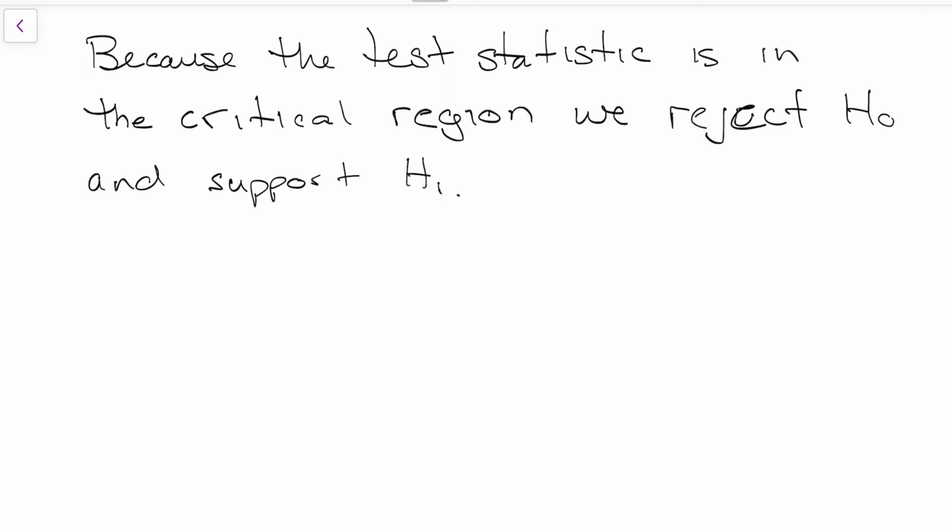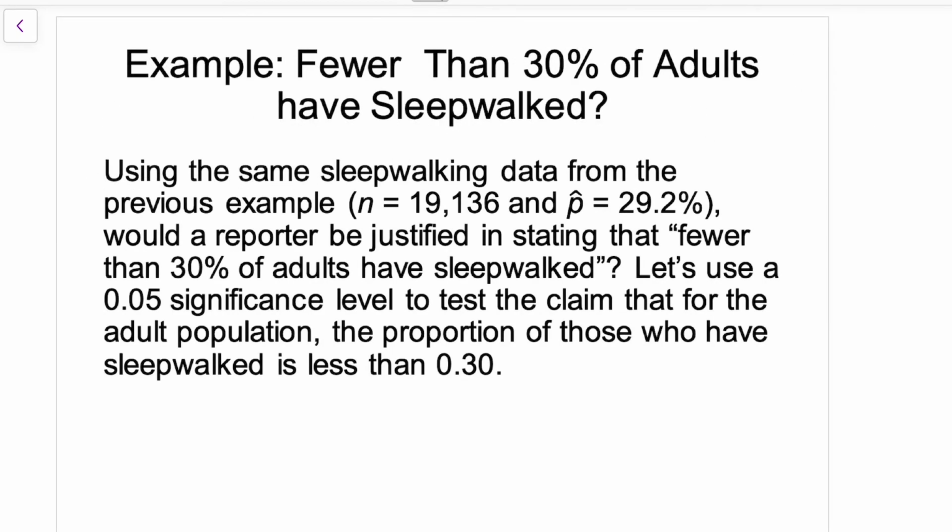We'll either determine that our test statistic falls inside or outside the critical region. If it falls inside, we can reject the null hypothesis and be in support of the alternative hypothesis. If it falls outside of our critical region, then we fail to reject the null hypothesis and we cannot support the alternative hypothesis. Let's go through one more example.